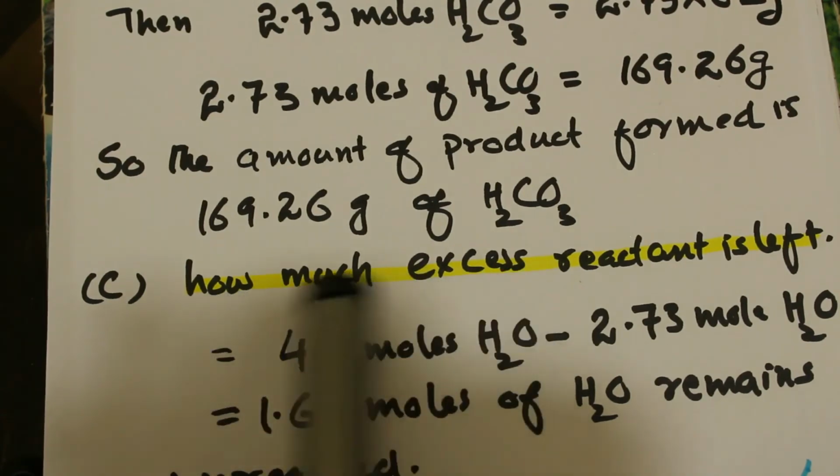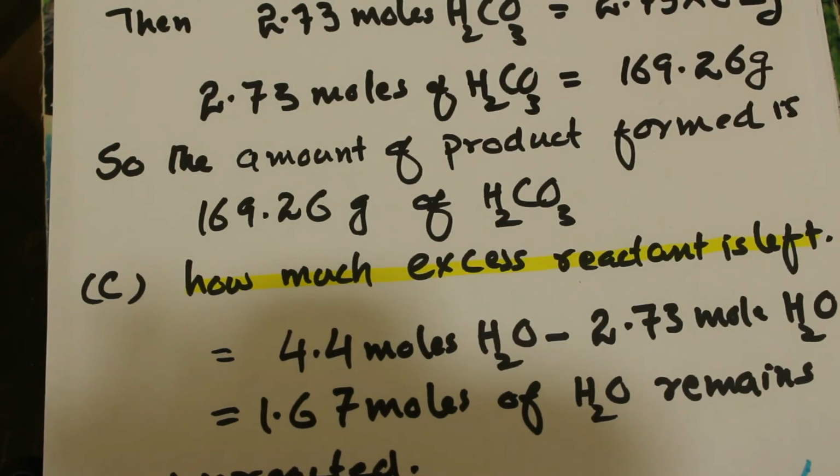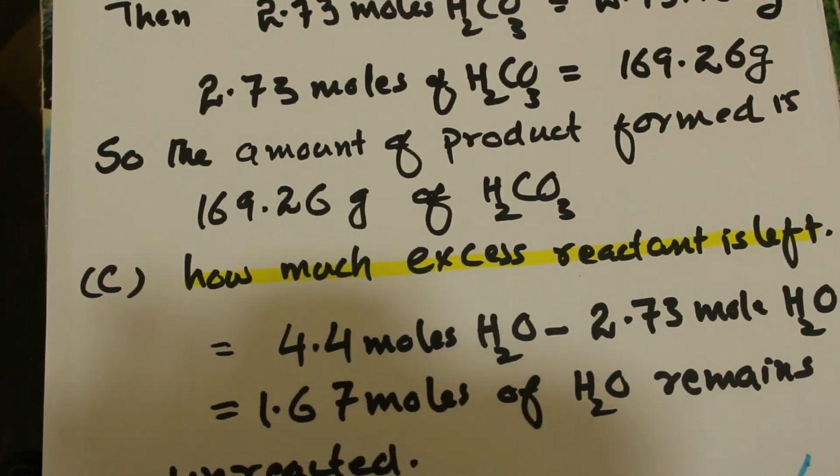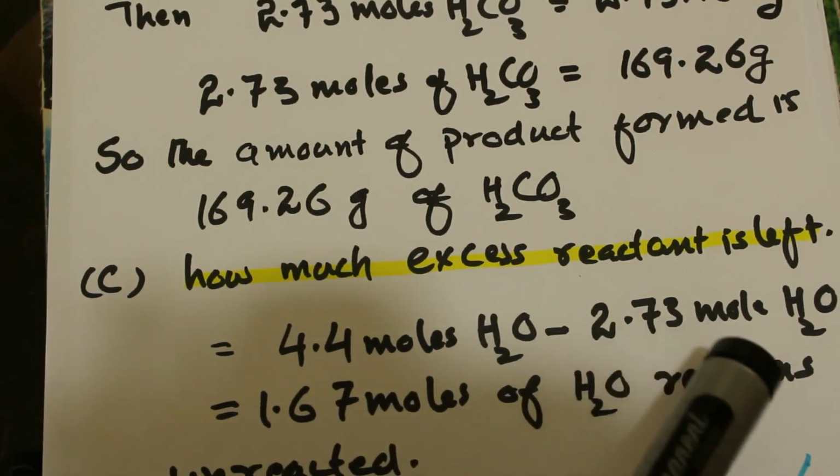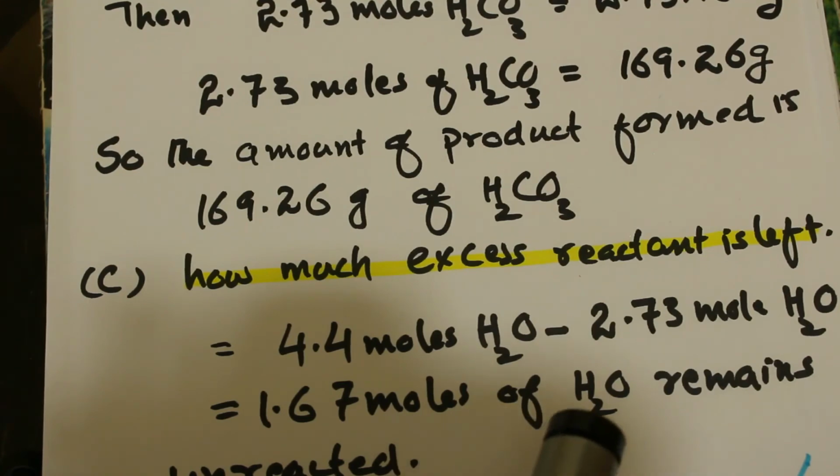Now the third part of this question is how much excess reactant is left. The excess reactant in this case is water. We have found the number of moles of water already, which is a total of 4.4 moles. So we know that 2.73 moles of water reacts with 2.73 moles of carbon dioxide, while the rest of the water remains unreacted.